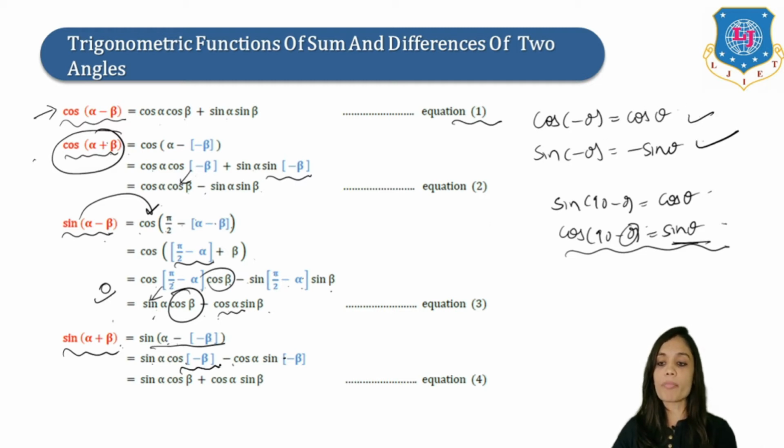So cos of minus beta will become cos beta, and sin of minus beta will become minus sin beta. So minus plus. So the formula of sin(alpha plus beta) is sin alpha cos beta plus cos alpha sin beta. So you have to remember these four formulas for solving examples.